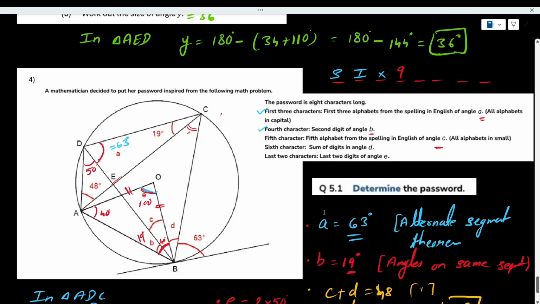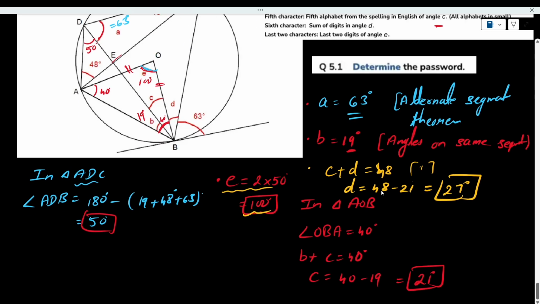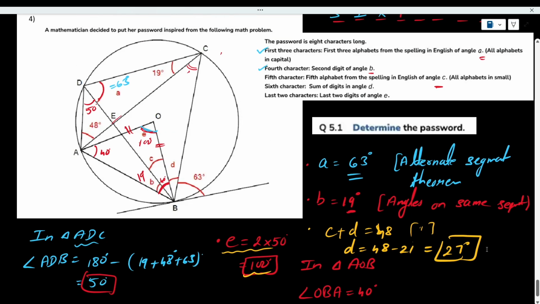So let us see how we are going to make our character. We are done with 2 bits. Third one says fifth character. Fifth alphabet is the fifth alphabet from the spelling of English of angle C. Now angle C, you are getting it as 21, right?